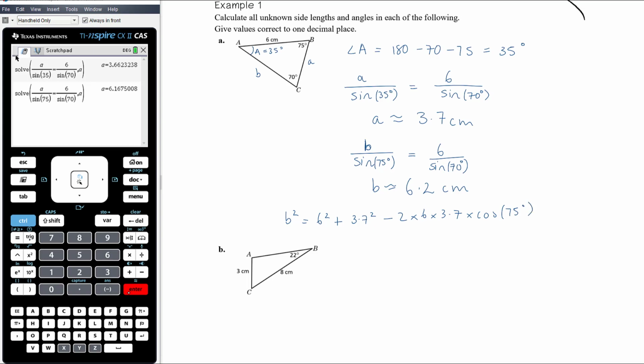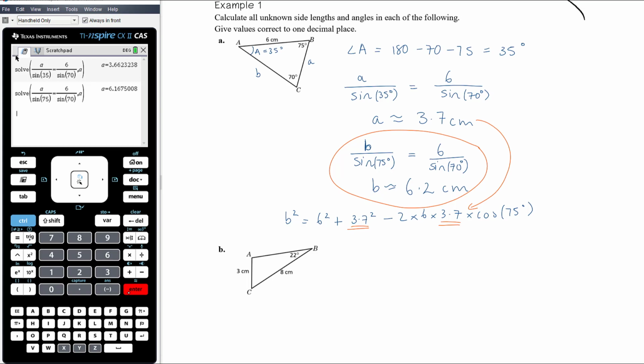Now, the reason I would choose this over this is because the second option, the cosine rule, requires you to use your answer that you calculated here. So you're going to have to be careful to use it precisely so that you don't create compounded rounding errors. But the other issue is that if you got A incorrect, then you're also going to get B incorrect if you rely on A.